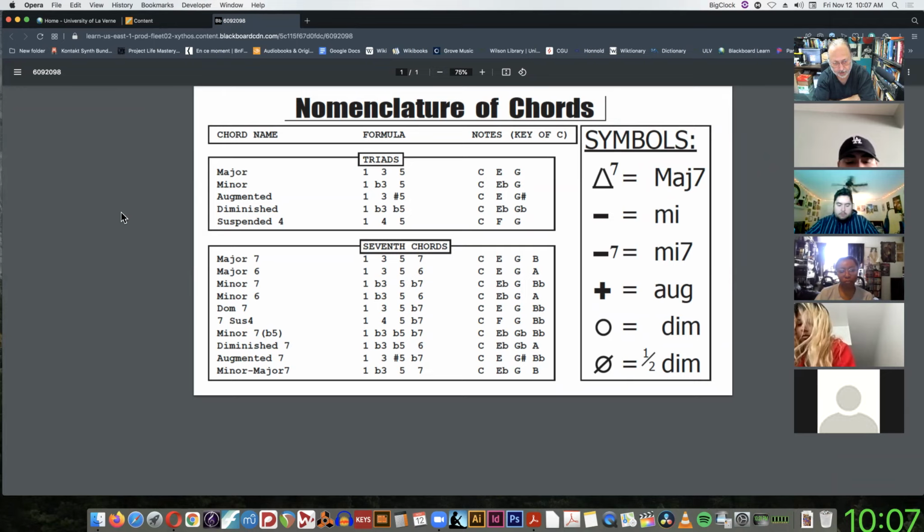And these are the names of them: major 7, major 6, minor 7, minor 6, dominant 7, also called 7th chord, 7 sus 4, minor 7 flat 5, diminished 7, and augmented 7. And our last one, the minor major 7. Those are all the ones that have been used.